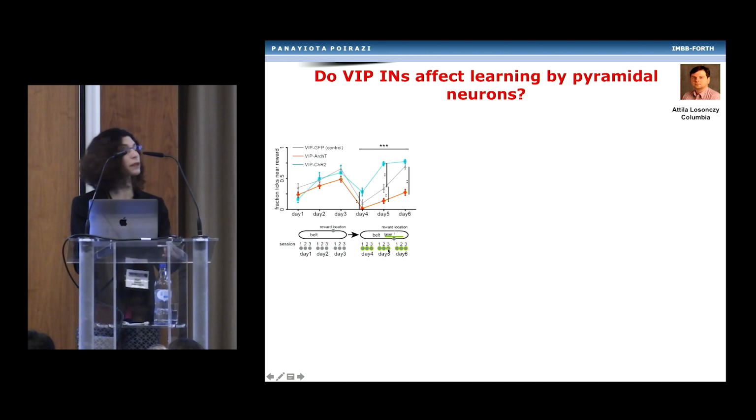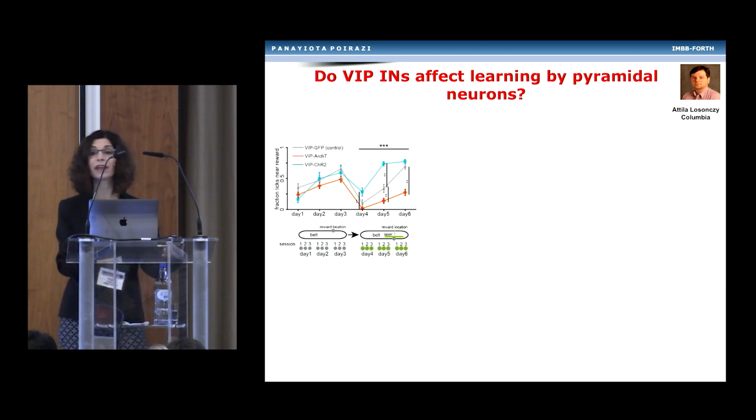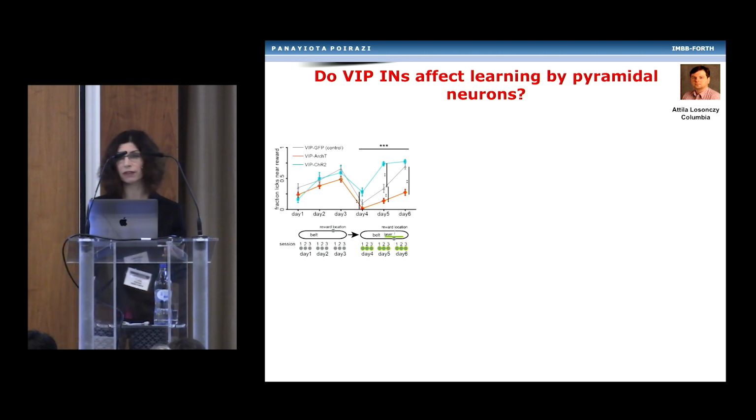During this experimental phase, they performed optogenetic manipulations, where they silenced or excited the VIP population. They could not discriminate between the positive and the negative velocity ones, because we don't have markers for those, so they excited the entire population.